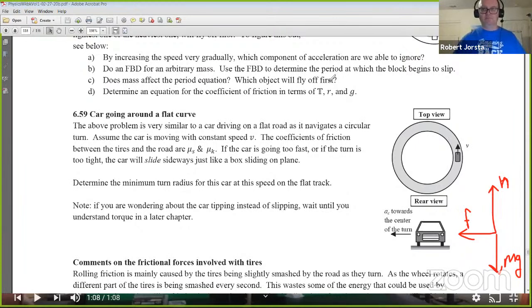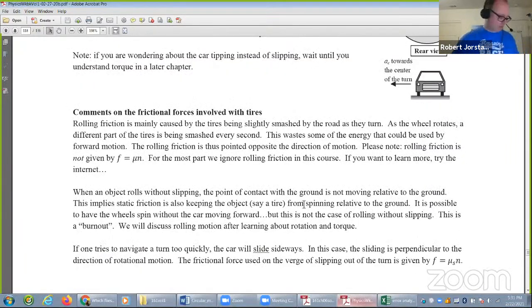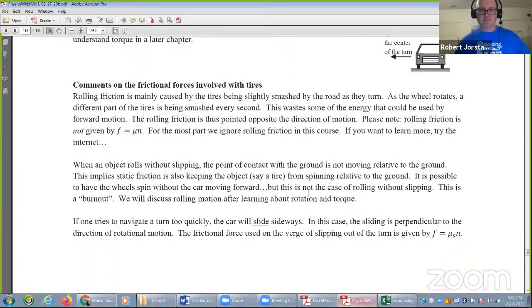All right, so let's go down a little bit. This is at the bottom of page 116.